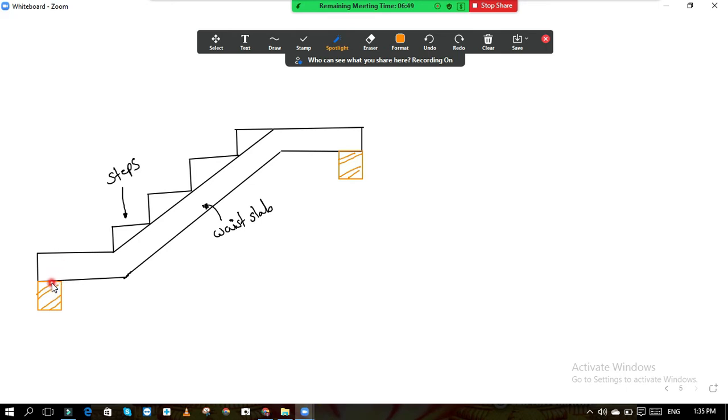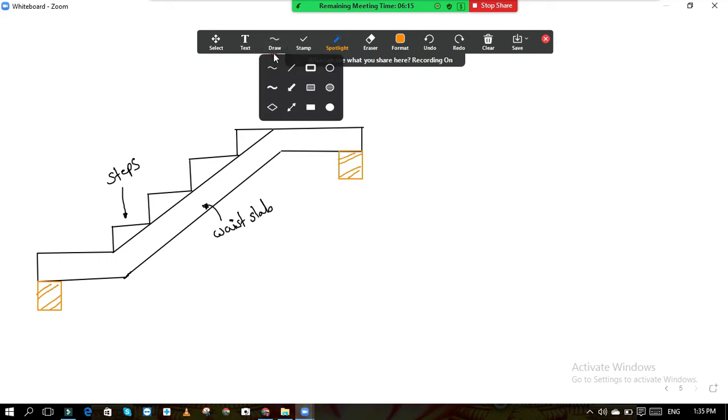Then in this case, what you need to do is see what is the length of this landing, and divide this length by 2, half. Similarly for this landing also, you have to consider the width of the landing, divide it by 2, take the half, and this center to center distance you should consider as the support.